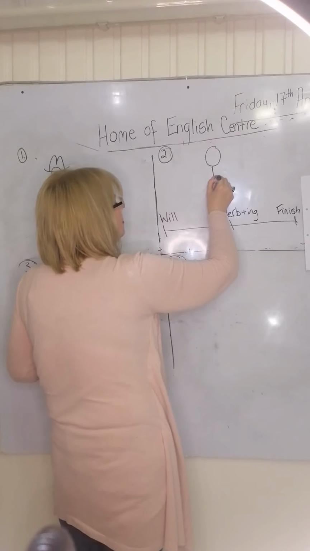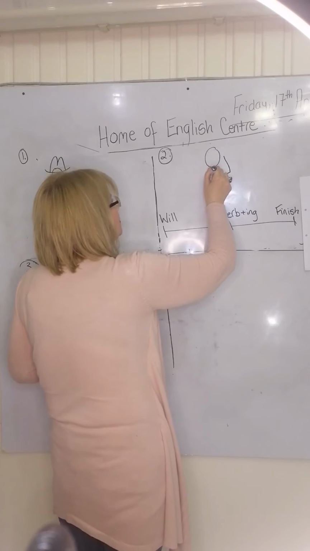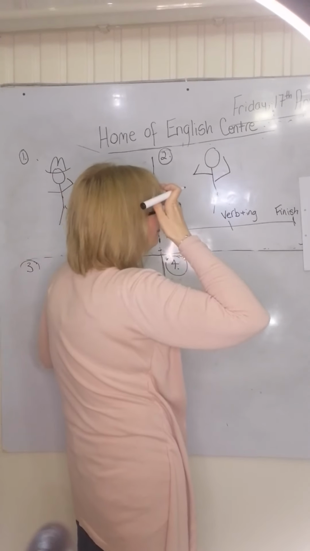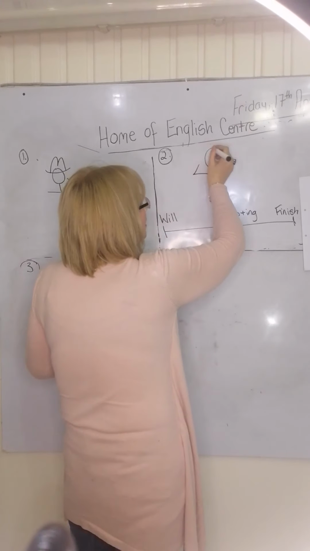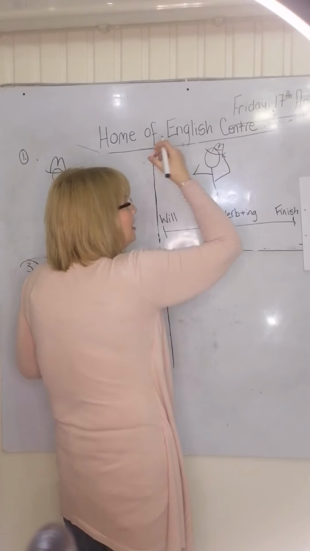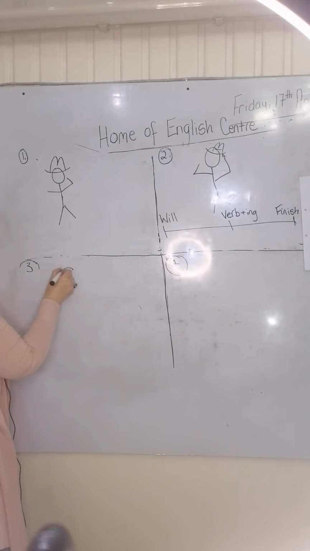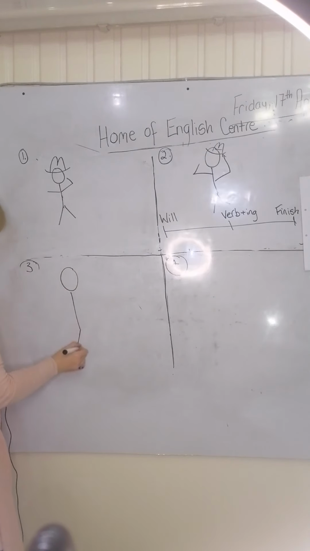Here's John. His hat is here. He is taking it. Okay, he is taking. He's not finished yet. Here he is. Here's John.